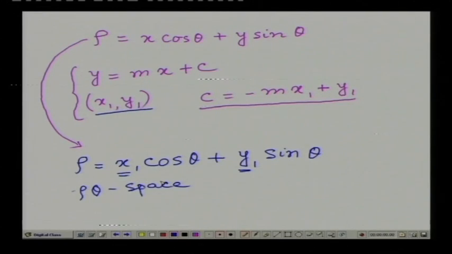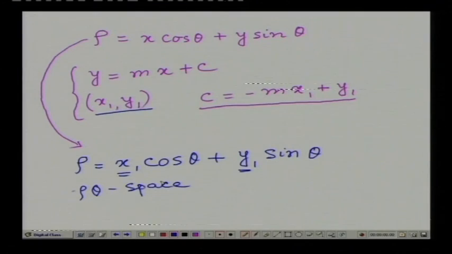However, if I have q number of collinear points in the xy plane, which will be mapped to q number of straight lines in the MC plane, but all those straight lines will pass through a single point.